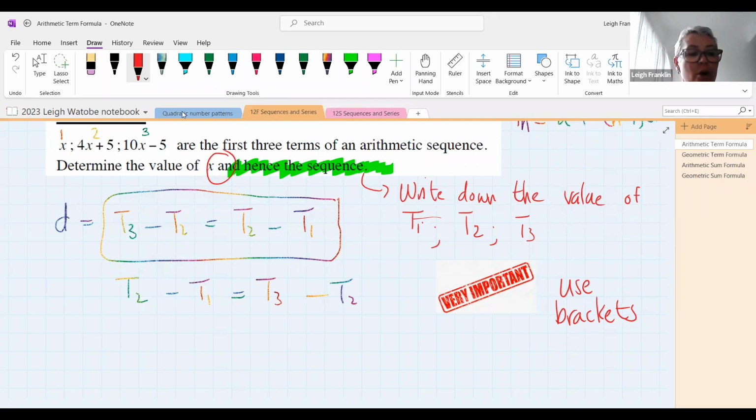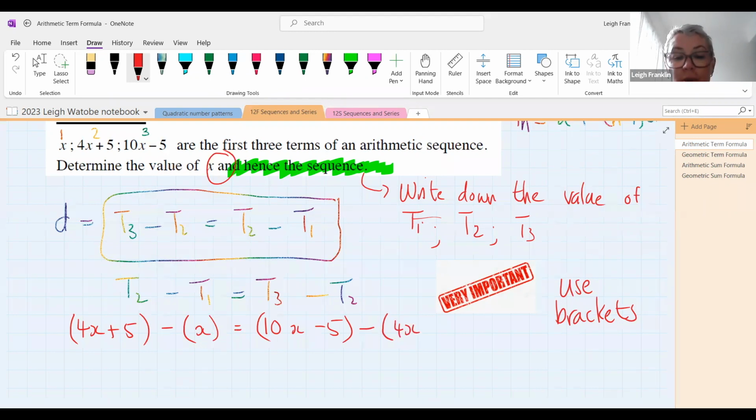Because the terms that you are subtracting are binomials. All right, so now we're going to sub in. So term 2 is 4x plus 5 minus term 1, in this case it's x, is term 3, which is 10x minus 5, minus term 2, which is 4x plus 5. You've got to remember to use your brackets. The brackets here, in other words, there and there, are not going to make a difference.